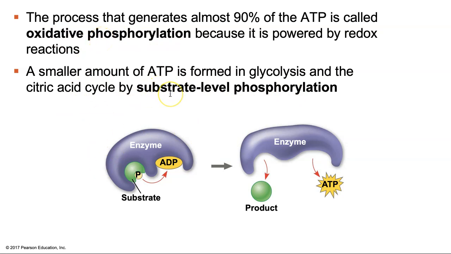When you think of substrate, what do you think of? Hopefully you think of an enzyme, right? The substrate is what binds to an enzyme. So substrate level phosphorylation is the use of an enzyme to make ATP. So here it is. Here's an ADP. Here is a substrate with a phosphate on it. The enzyme pops the two together. The ADP gains that phosphate, so we make ATP, and it releases the product, the substrate, without the phosphate on it.